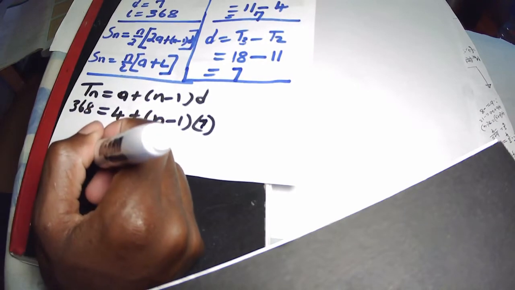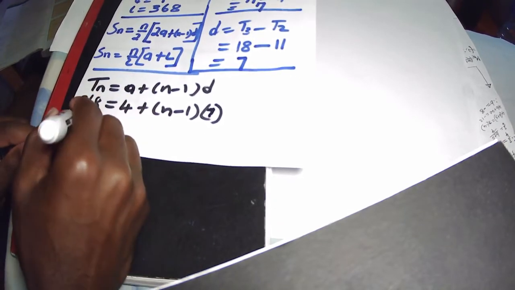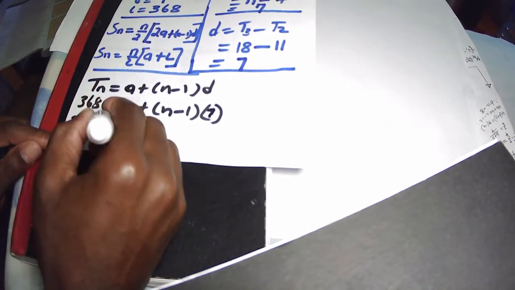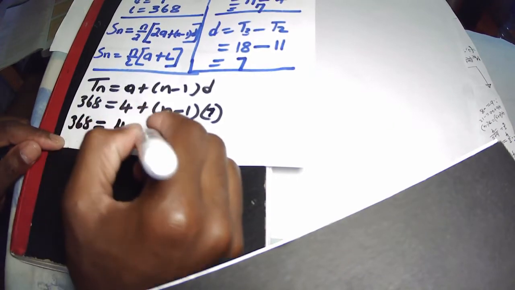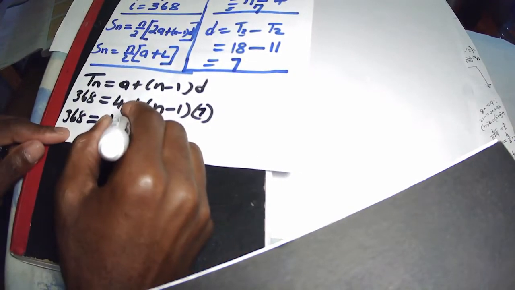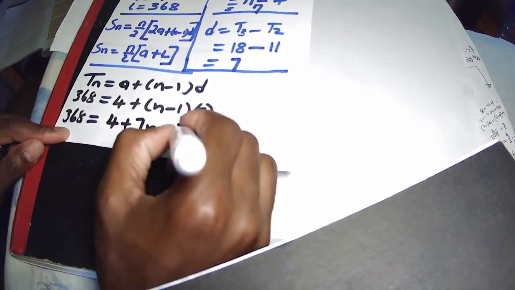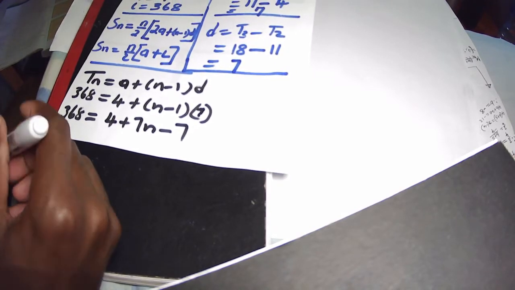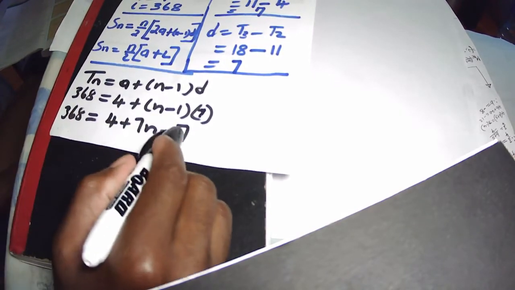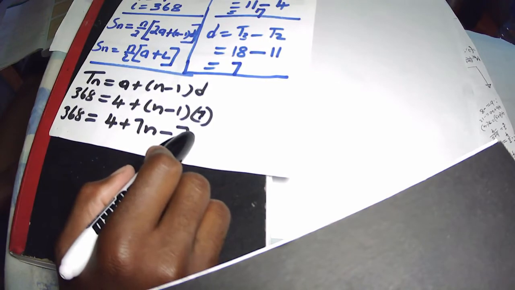Let's just write it down. 368 is equal to 4 plus 7 times (n minus 1), that is 7n minus 7. So 368, because 4 minus 7 is minus 3.